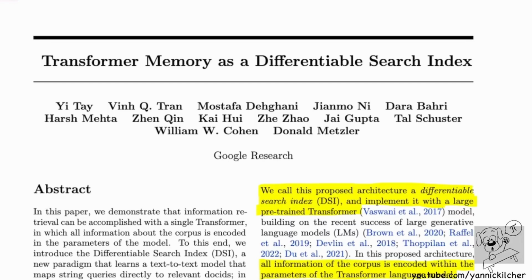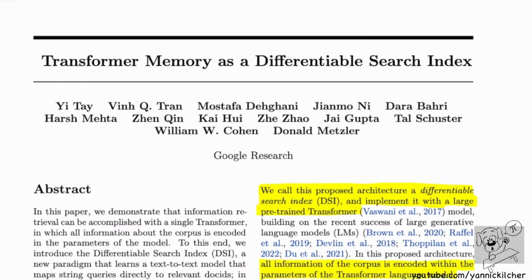Hello there. Today we're looking at Transformer Memory as a Differentiable Search Index by researchers of Google Research. This paper on a high level takes a search problem where you have to index documents and retrieve them, and it puts all of the corpus essentially into the weights of a transformer.